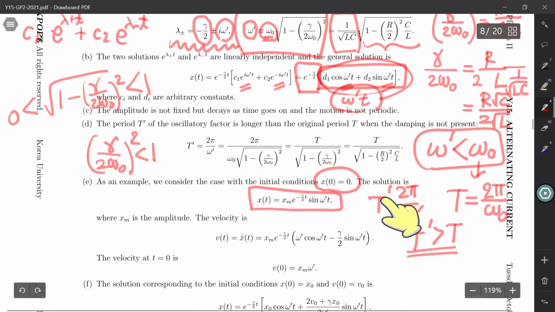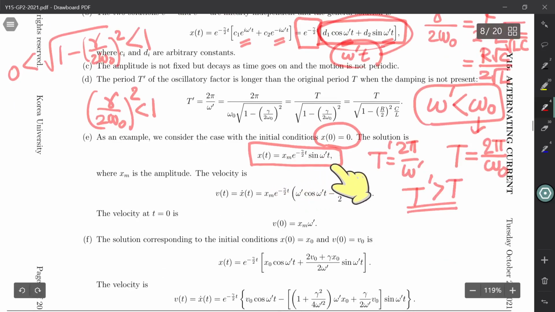At t equals 0 it is either sine or cosine, but for a simple case, at t equals 0 the exponential is 1, d1 cosine omega prime t plus d2 sine omega prime t.